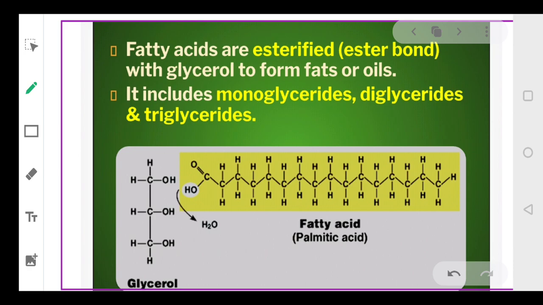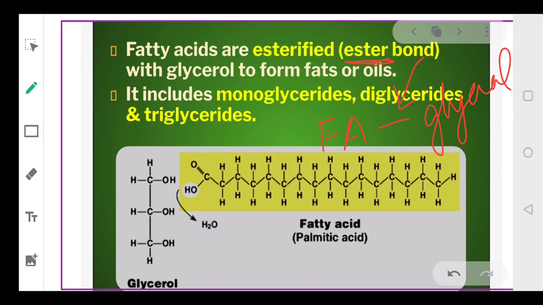So now your fatty acid will join with glycerol, and this bond which is found between these two components is referred to as an ester bond. So fatty acid जो है वो आपका glycerol molecule से जुड़ेगा, add up हो जाएगा, और दोनों के बीच में जो bonding बनेगी, that is called your ester bond. And because of the formation of this ester bond, simple lipids will be formed.